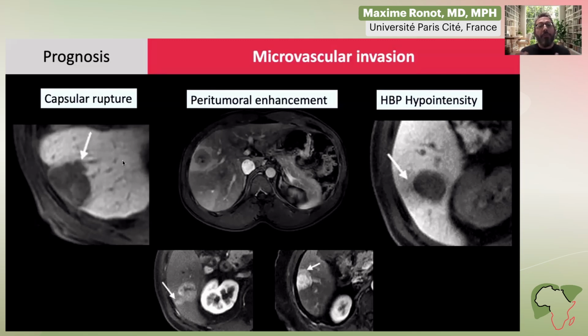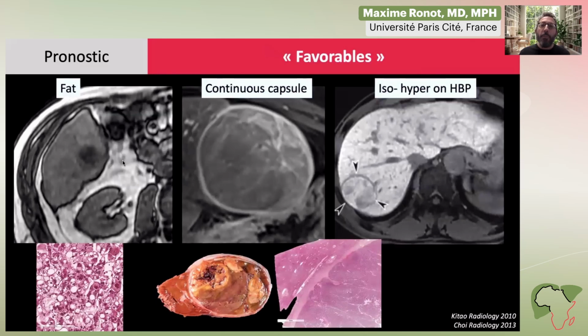And finally, we also have some favorable features: the fact that the tumor contains fat, as I suggested at the beginning of the presentation, or a continuous capsule that has not been disrupted, or the fact that the tumor is still iso to hyperintense on hepatobiliary phase, because it means that it can still uptake some of the contrast and the hepatocytes are still showing some expression of the transporters, so the hepatocellular function is not completely dead.